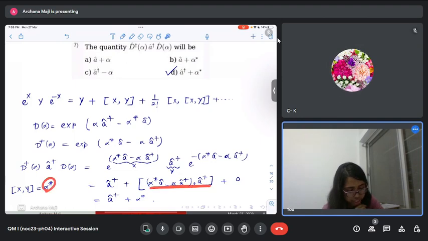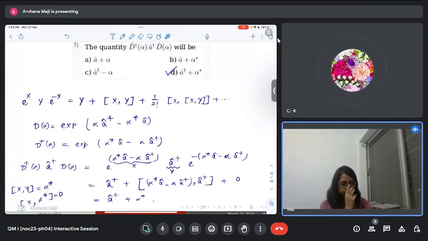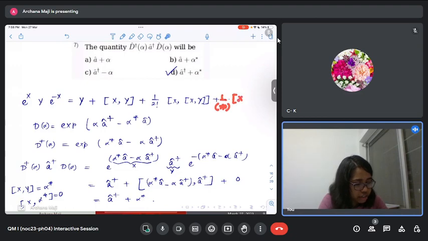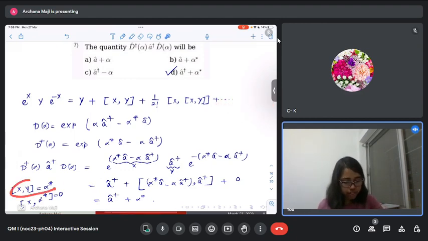So it's a constant, it's not an operator. Now if you take the commutator of X with alpha star, what will you get? You will get 0, right? Because it's just a constant, it's not an operator. So it will trivially commute. The other terms are again nested commutators, so there is some number, then the commutator of X with X with X with Y, and so on.